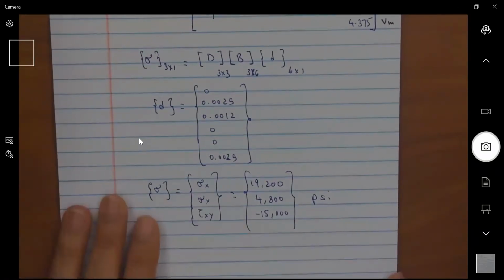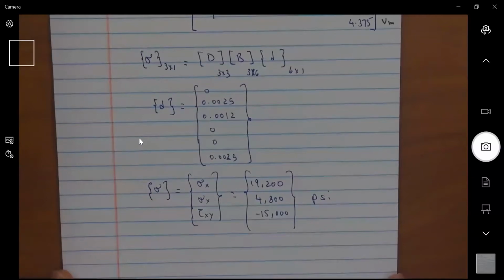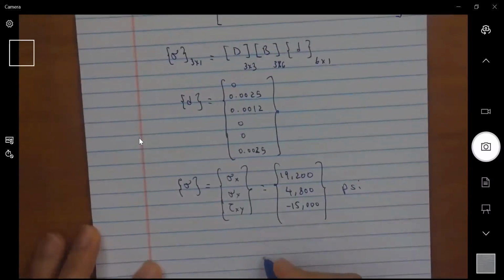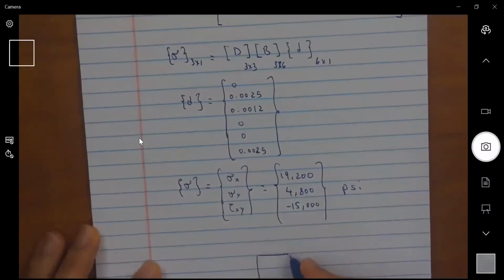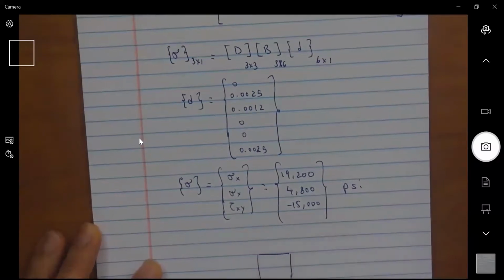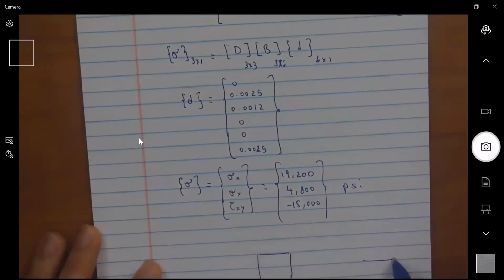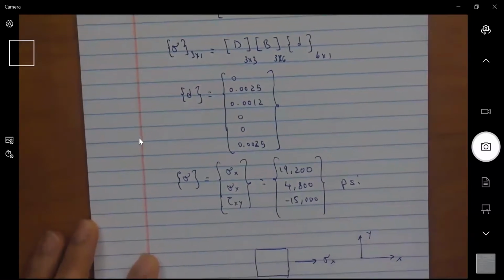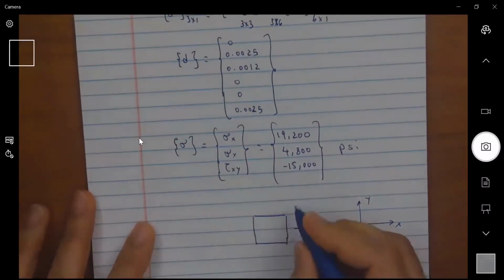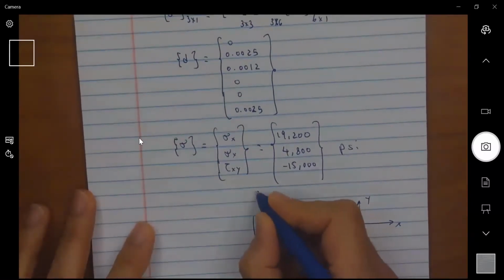Just to remind you, a state of plane stress using a stress element. If this is my x direction and this is my y direction, then this would be my sigma x. This is my sigma y.